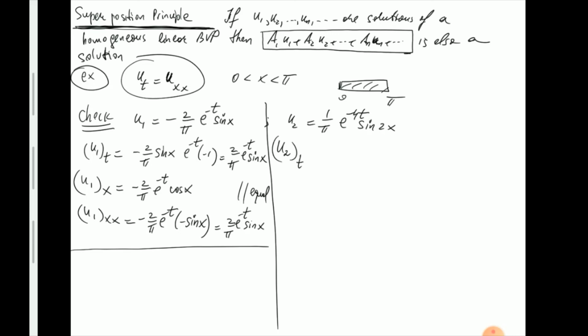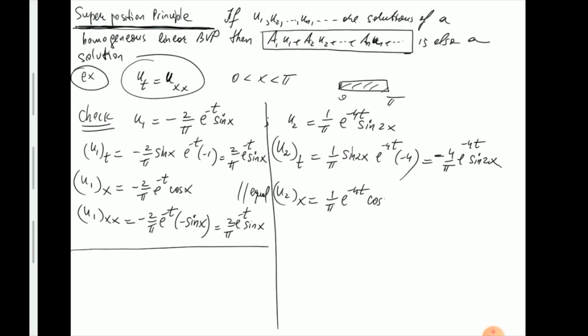Let's do u2. So if I do partial t first, that's 1 over pi sine of 2x e to the minus 4t, and then times minus 4 by the chain rule. Let's combine it with 1 over pi, so that's minus 4 over pi e to the minus 4t sine of 2x. And now we have to do partial x twice, cosine of 2x times 2 by the chain rule.